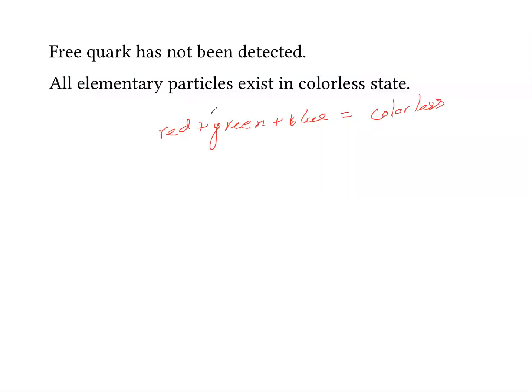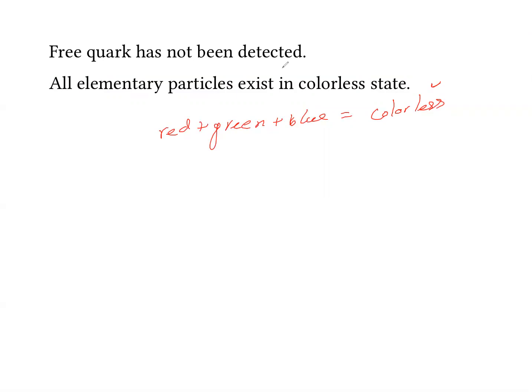Whenever these quarks combine to form nucleons, they combine such that it becomes colorless. Only the colorless quantum state, the colorless particle, we can observe outside in the detector. The quark we cannot detect in the detector.